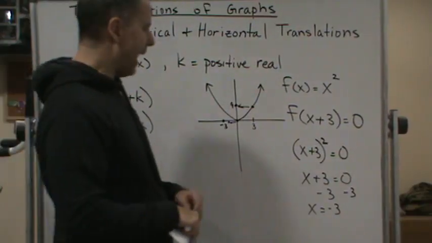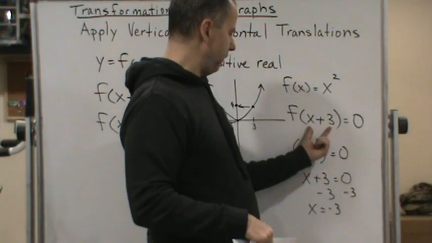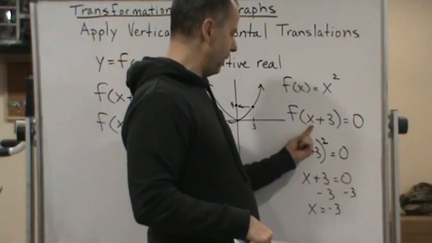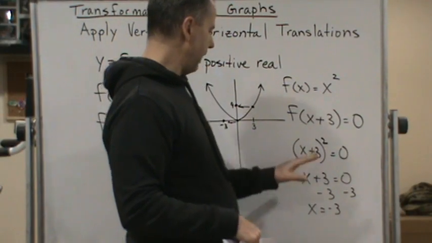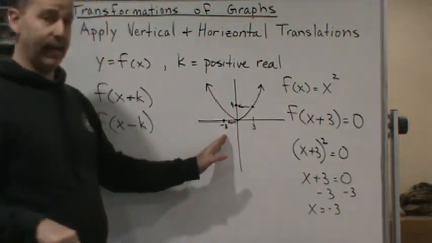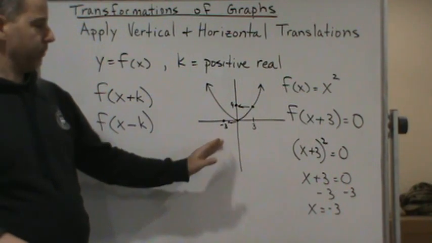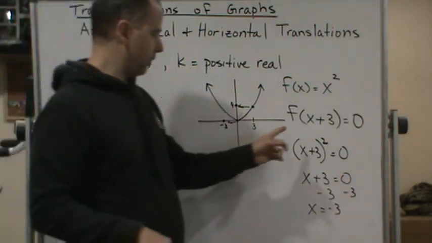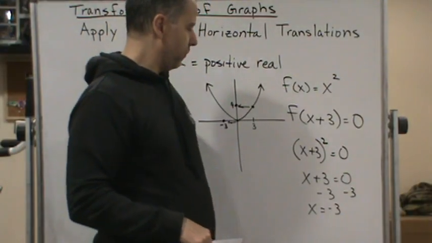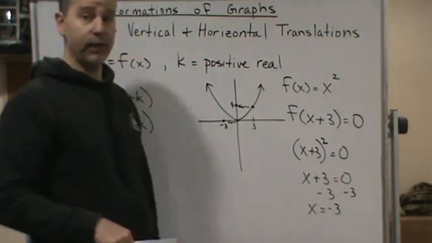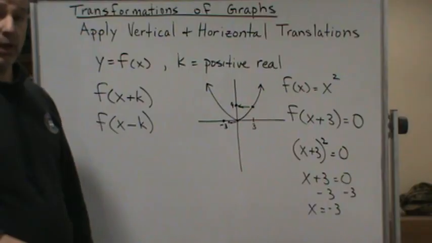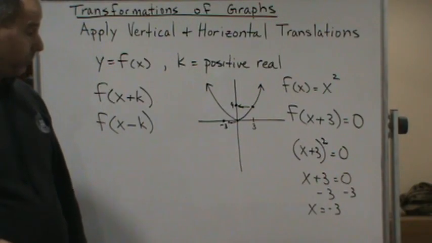So when you add a constant inside the function, when you're adding to x, that results in a horizontal shift to the left. And also, if we were to subtract, we would find that it would turn into a horizontal shift to the right.